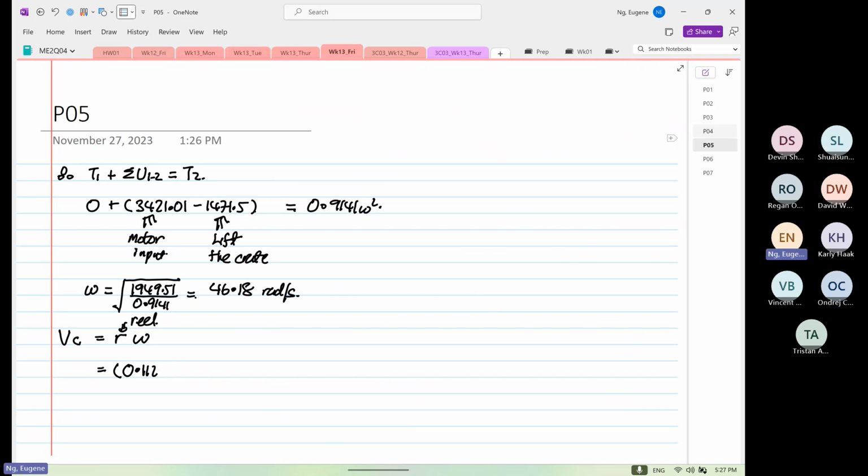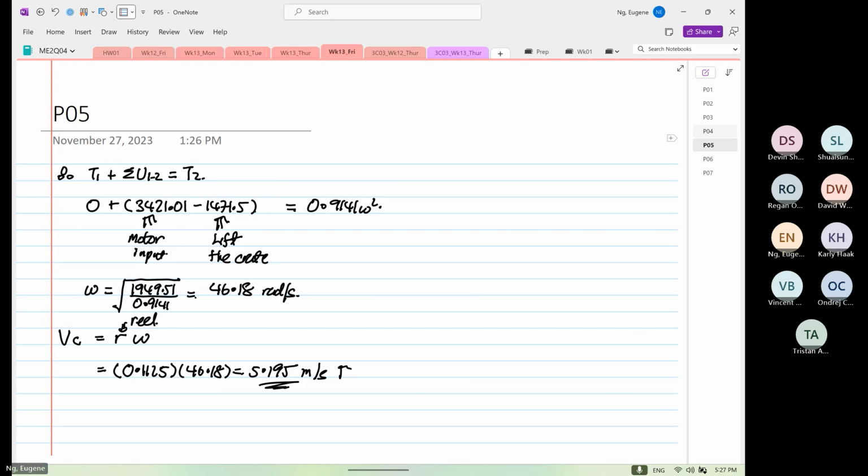Come on, Eugene, where's another 0.4? Multiply by 46.18. So 0.1125 times 46.18 is equal to 5.195 meters per second, and it's going up.